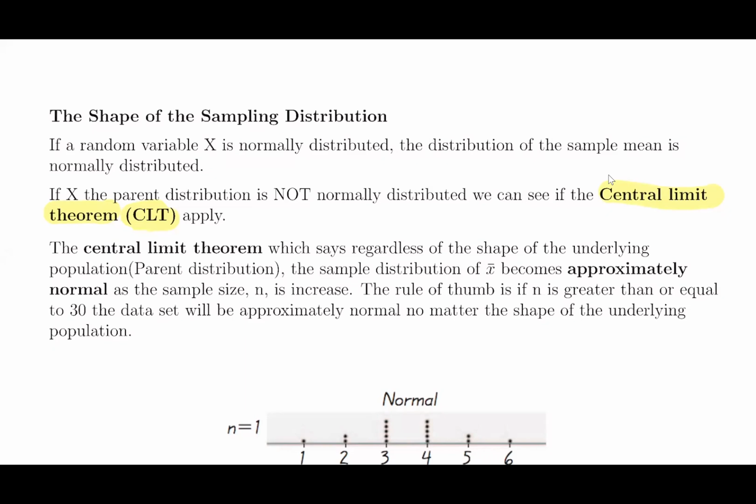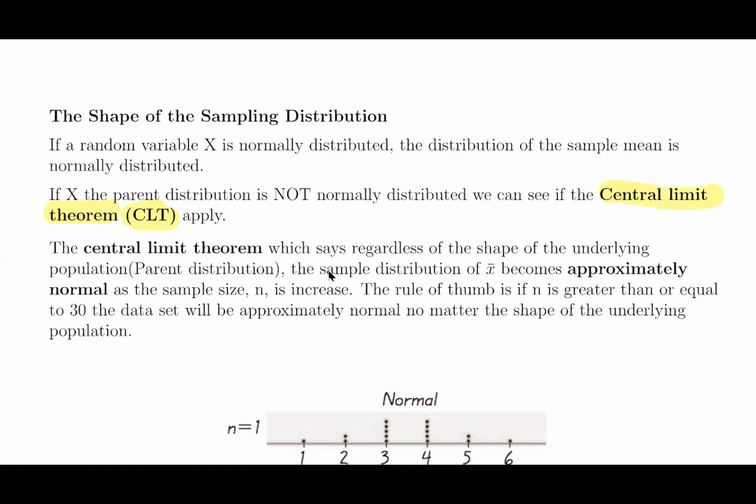All right. So it's called the central limit theorem. The reason we're seeing the data set become approximately normal is because of what the central limit theorem says: if we increase the sample size, or increase n, our distribution should become more approximately normal. The rule of thumb is n has to be greater than or equal to 30.